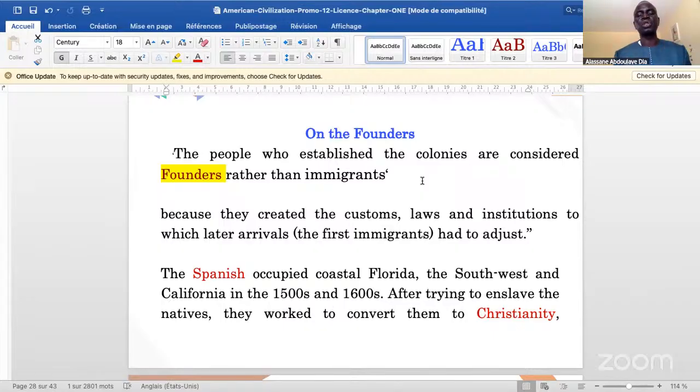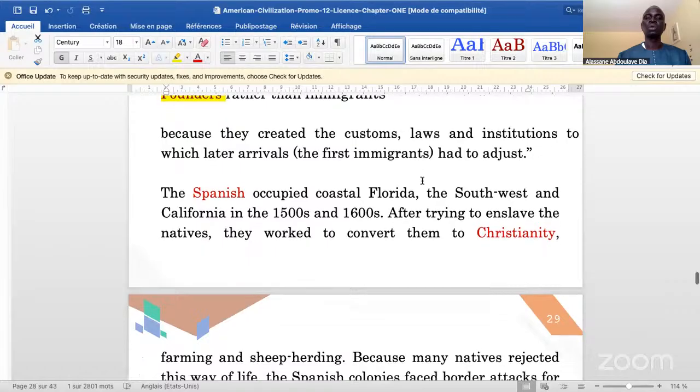Even if they left Europe, they arrived in America, but they are the pioneers, ce sont les pionniers. So that's why they could be called founders, but not immigrants. Immigrants are now today Africans, Europeans who live and who go there. But these people, those who established the colonies, call them founders. They are not immigrants. Why?